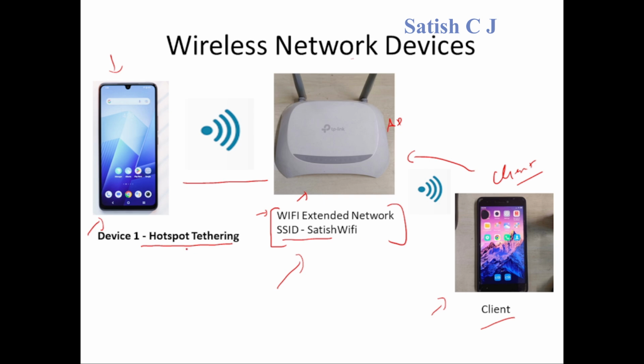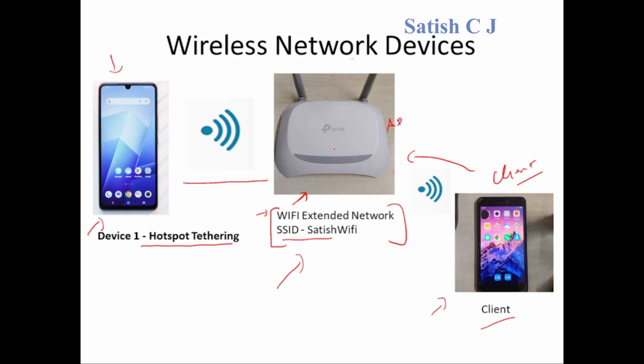You can do that, but I really wanted to experiment with a router. The router will mostly be the access point, right? So I just wanted my experiment to be on a router. I have enabled a hotspot on a mobile phone and used that as an input for my router. And I have used a client device, which is my old mobile phone, which is connected to this access point.